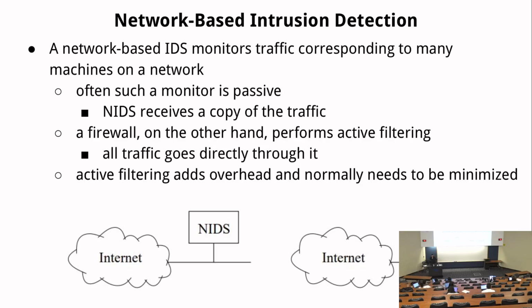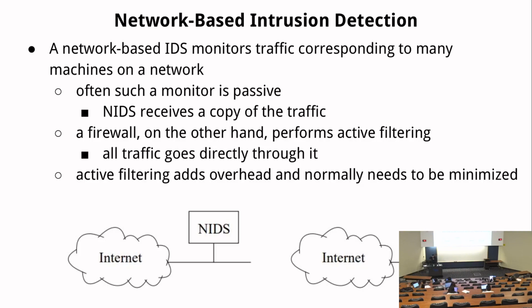Usually they passively receive a copy of the traffic. And it's a little bit different from a firewall. Usually a firewall sits between your hosts and the internet, and the firewall directly decides if your packets can go through.